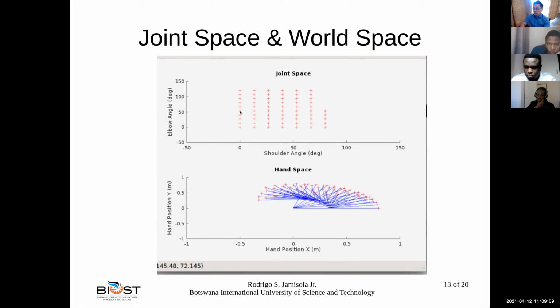Each of these points corresponds to an arm posture, just like what is being shown here. The two-link robot will be in some kind of posture depending on the values of each joint.